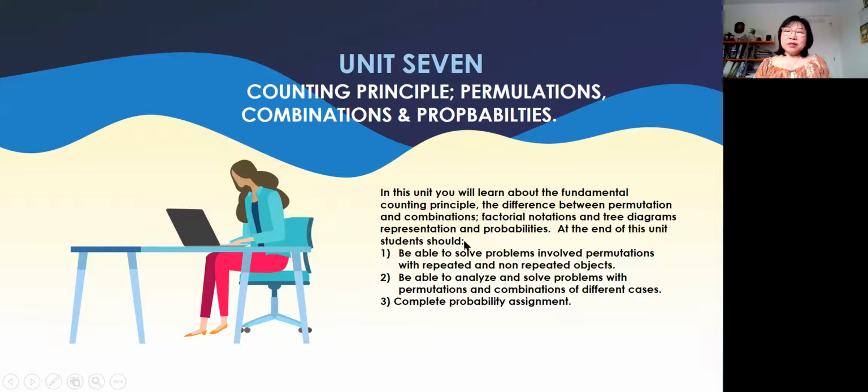At the end of this unit, students should be able to solve problems involving permutations with repeated and non-repeated objects, be able to analyze and solve problems with permutations and combinations of different cases, and complete a probability assignment. Now, this is a tough unit, so I give you an assignment rather than a quiz to release our stress together.